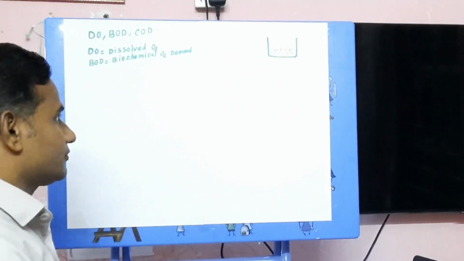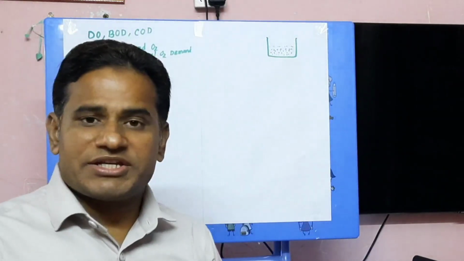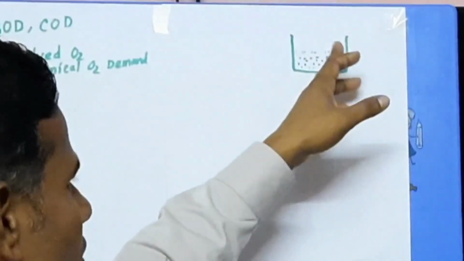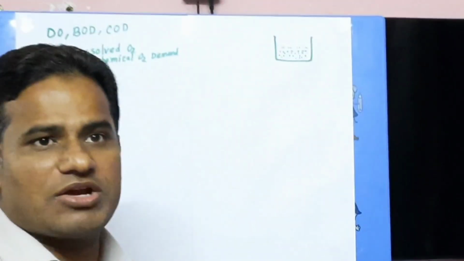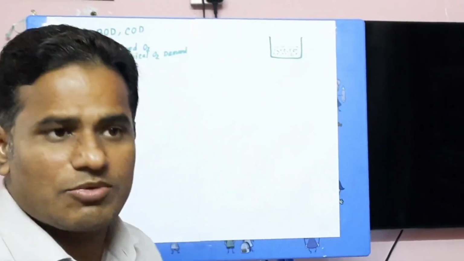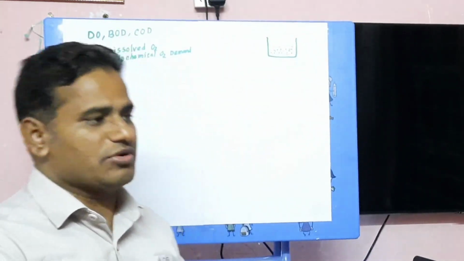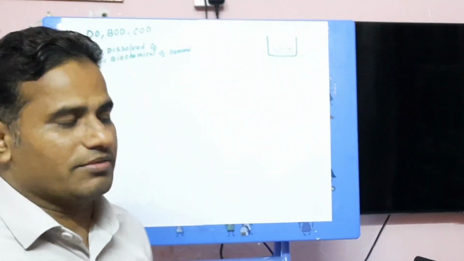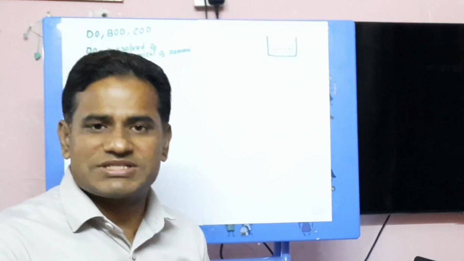So if this water quality is not good, or if in the water dissolved oxygen is less and organic compound is more, what will happen? Bacteria are hungry. Always they will try to take carbonic content. But for taking carbonic content, oxygen is required.